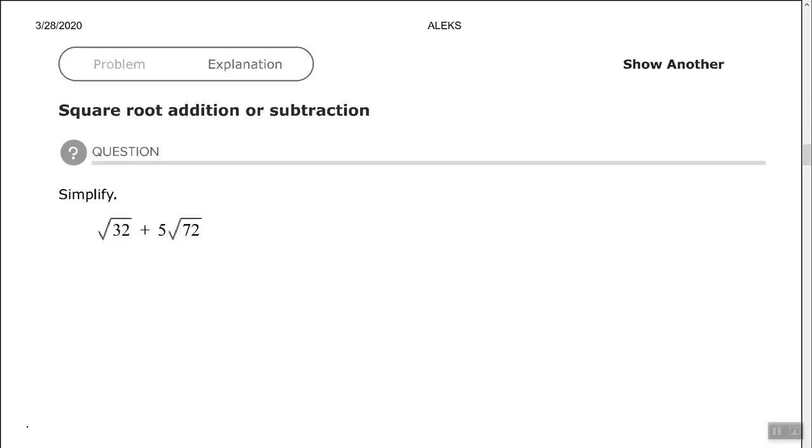Okay, let's take a look at another one. So here we have the square root of 32 plus 5 times the square root of 72. Okay, so let's see here.